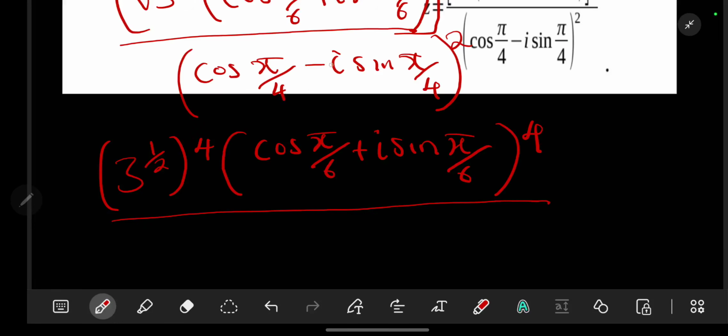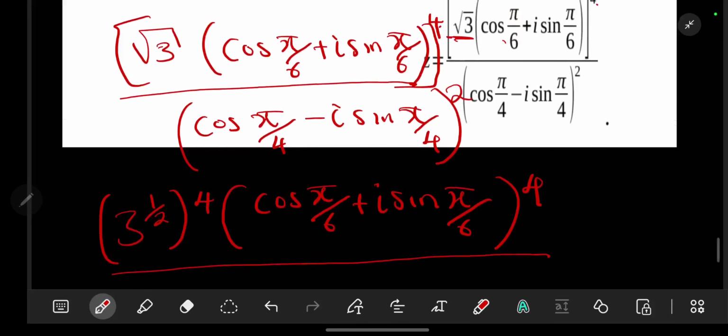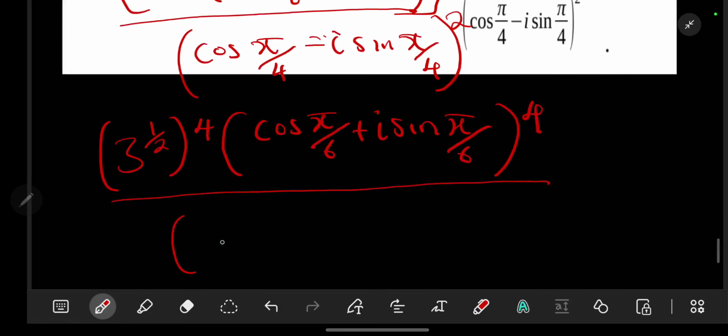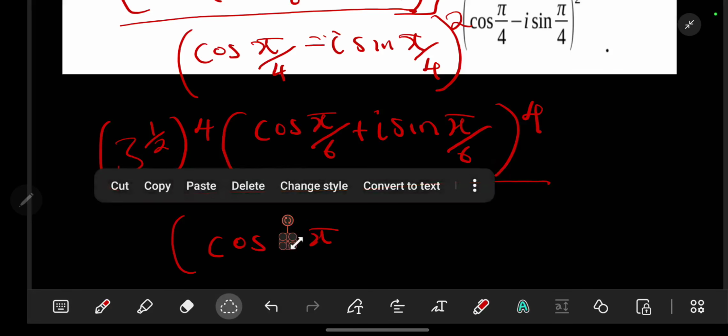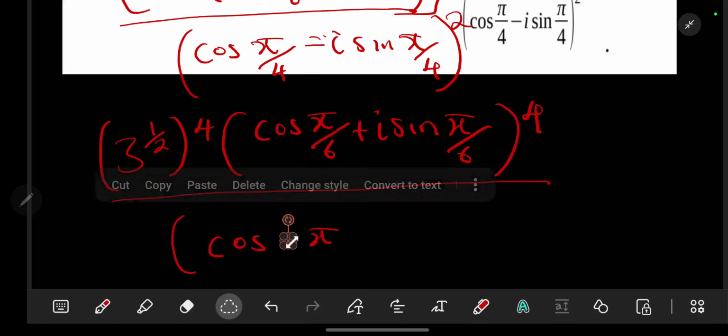Let's just deal with it directly. This negative there, let's get rid of it, so it will be cos of negative pi over 4. Now I can even write my negative 1 over 4 there.